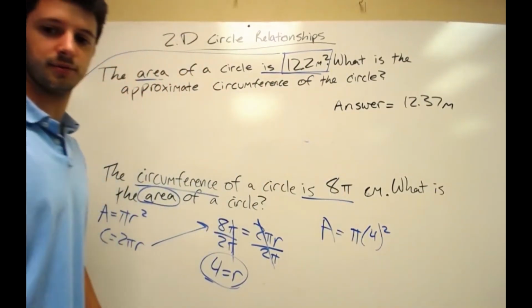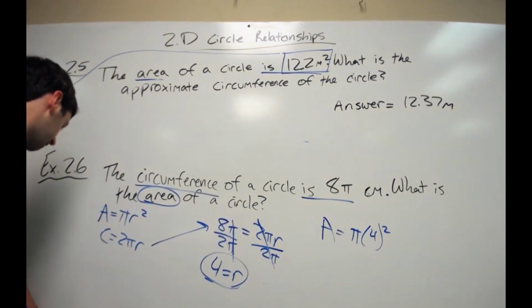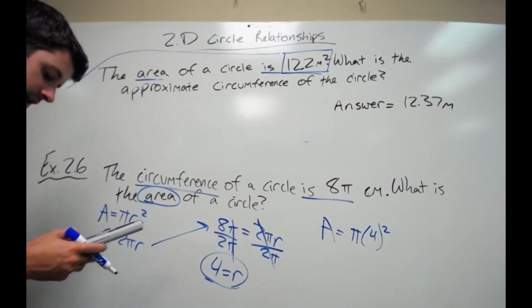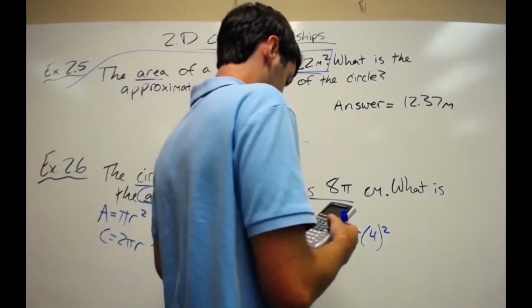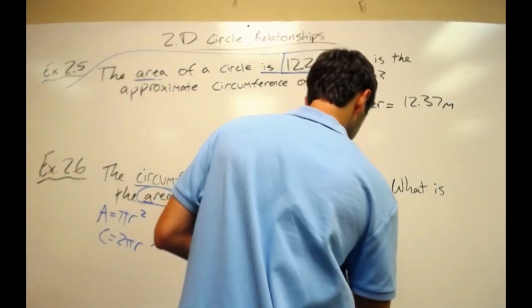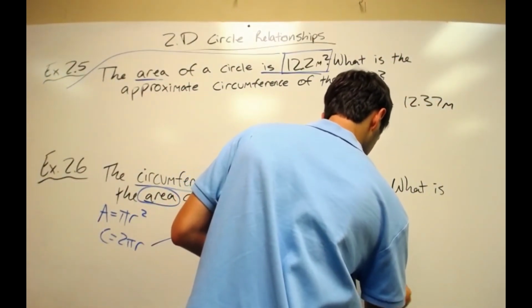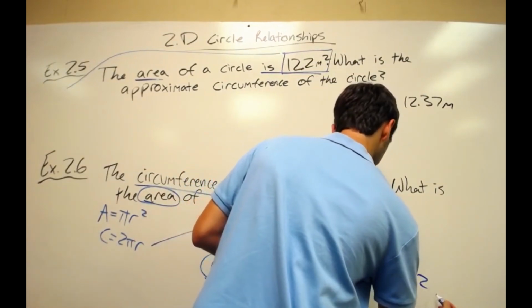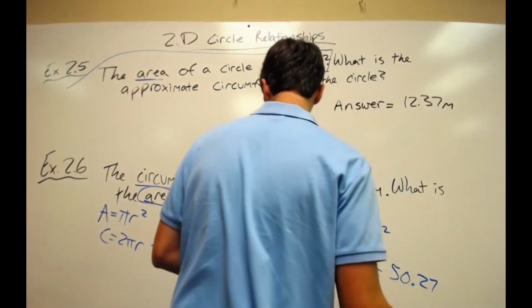Pi times 4 squared. 4 squared is 16. So then you multiply 16 times pi and that is 50.27 rounded.